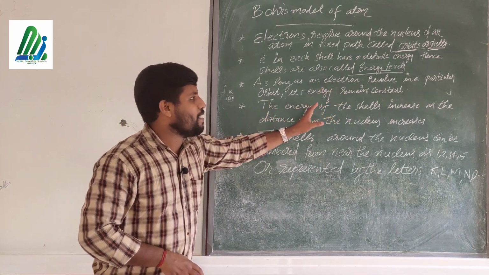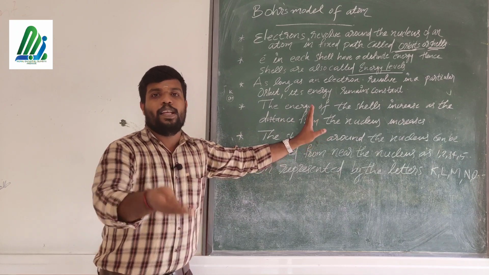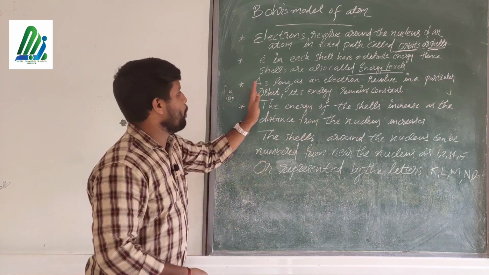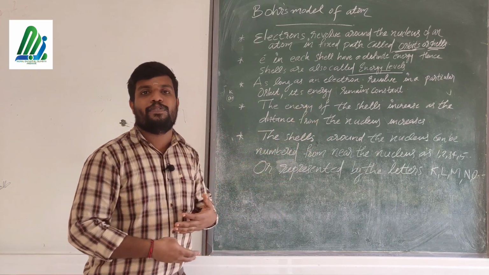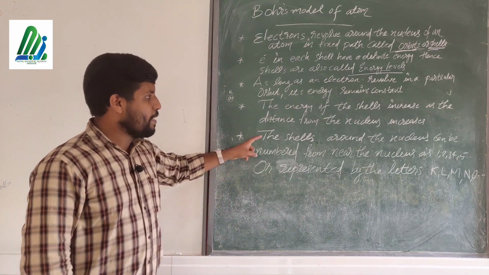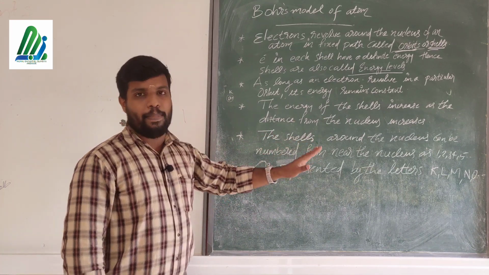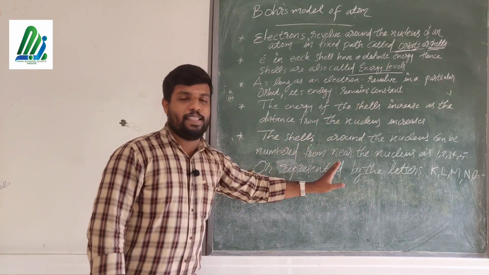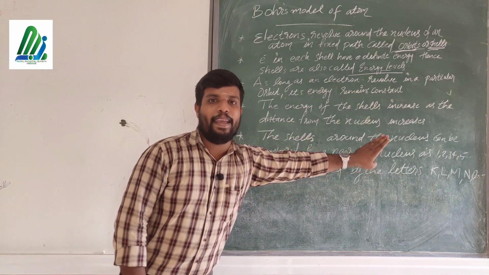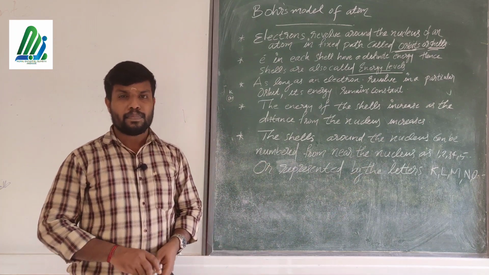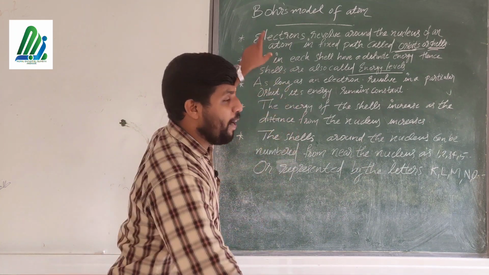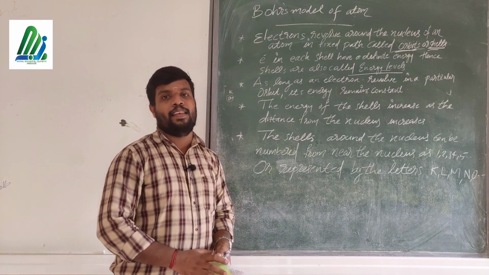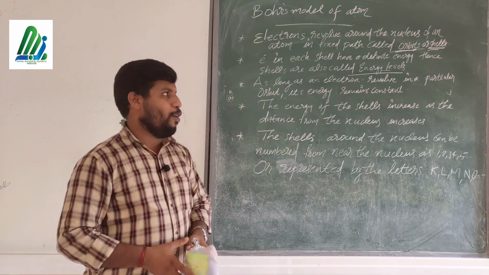Then, the energy of the shells increases as the distance from the nucleus increases. As you move farther from the nucleus, the energy of the shells also increases. The shells around the nucleus can be numbered 1, 2, 3, 4, 5 from the nucleus, or otherwise named K, L, M, N, and so on. Clear? These are the main ideas related with the Bohr model of atom.